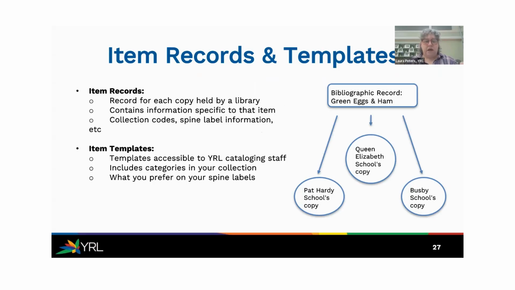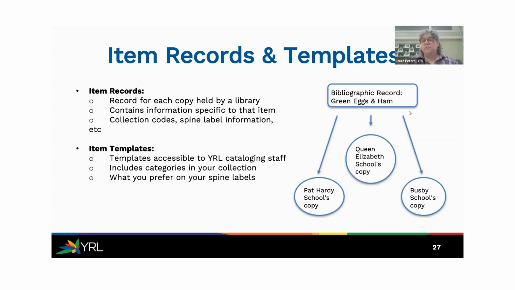And what we refer to as an item record is where we're inputting that detailed information as to what's on your spine label, what part of the collection it's going to be in, whether it's part of your juvenile nonfiction or it's a leveled reader, etc. So we share a different ILS than you do. But basically we add them into our catalog.